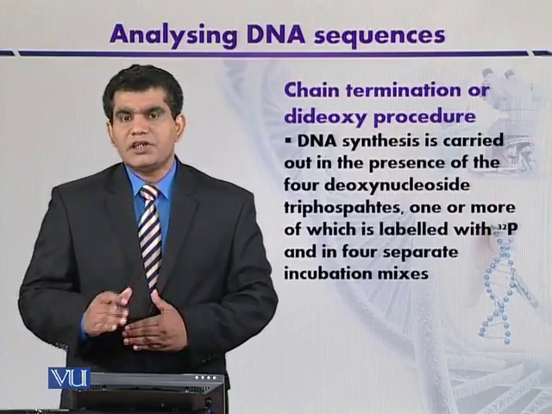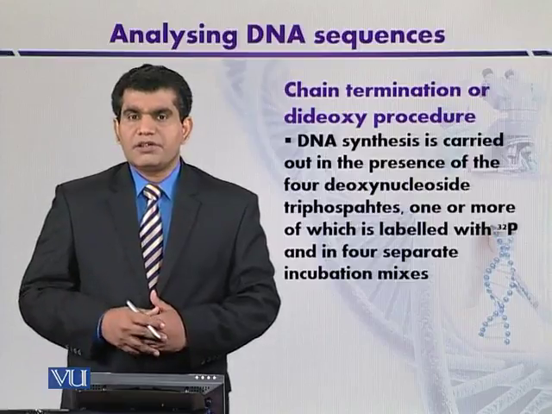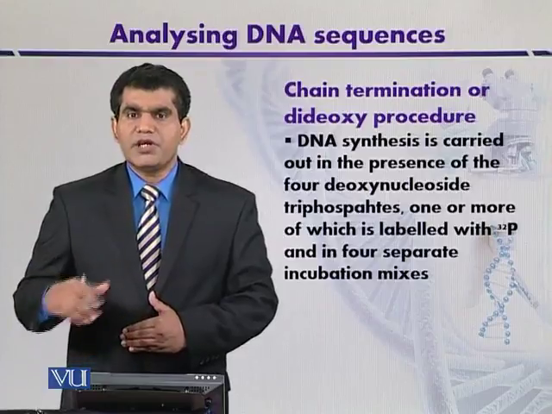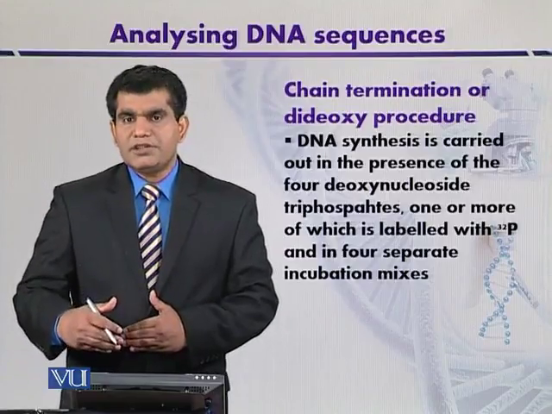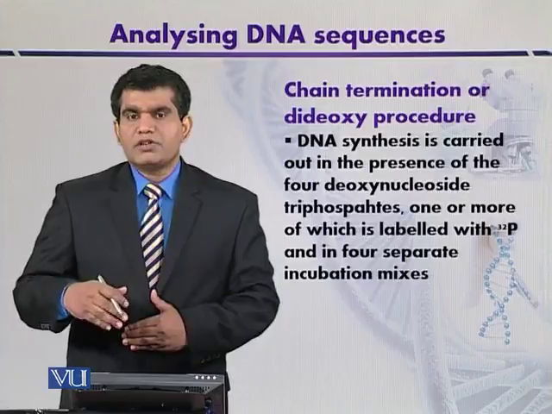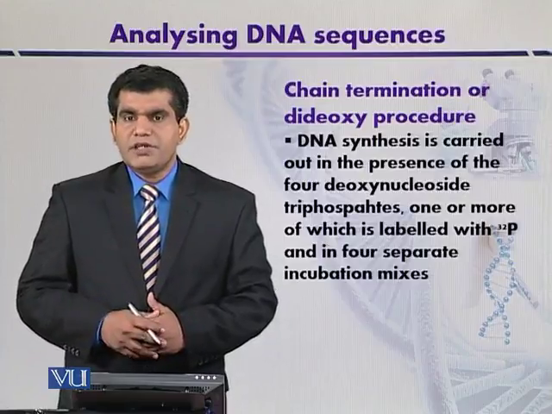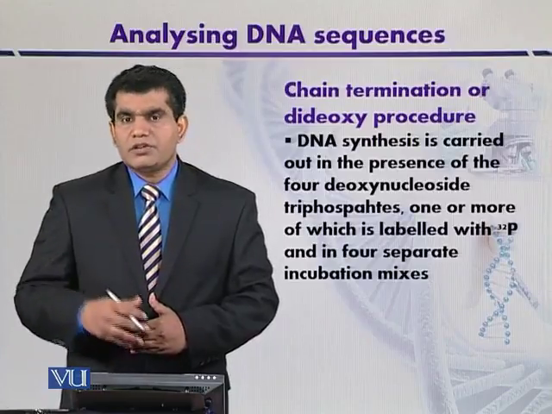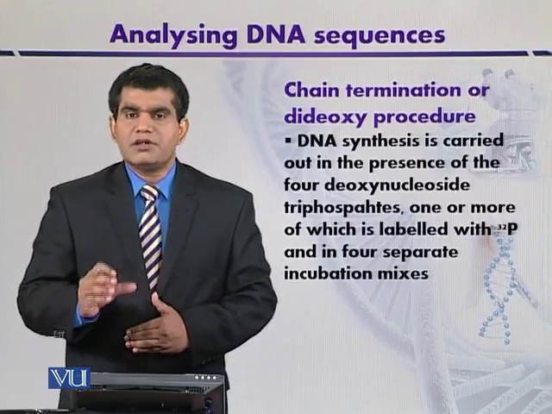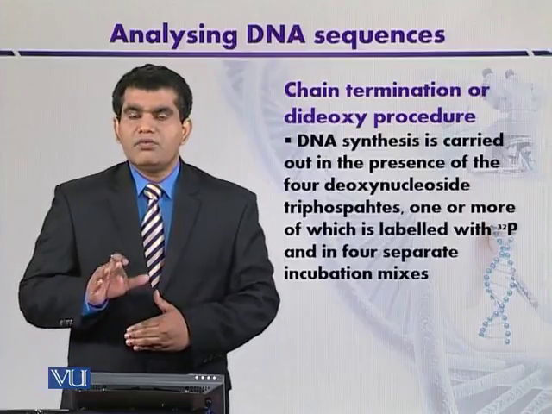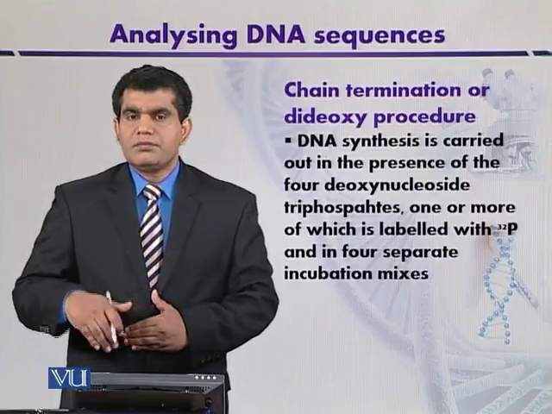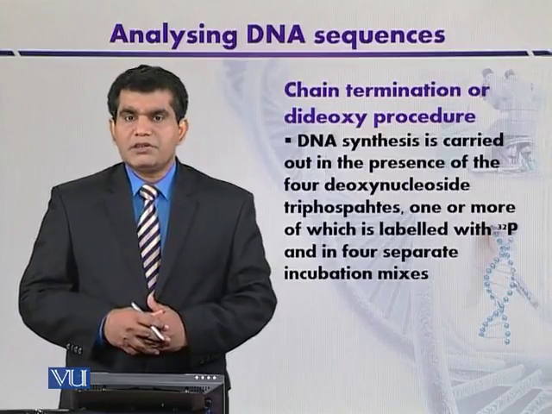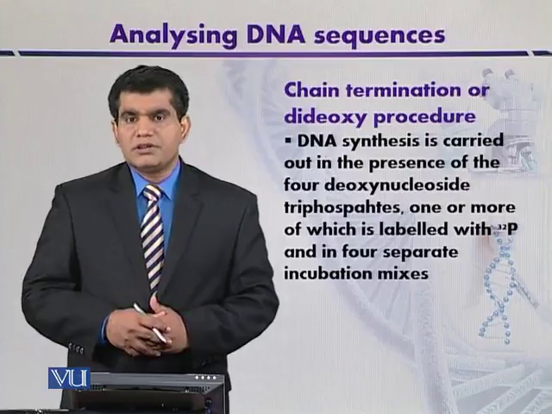The reason is chain termination because of the presence of some modified bases in the reaction mixture. So the reaction mixture contains normal bases, all 4 dNTPs, and some concentration of dideoxynucleoside triphosphate in a particular reaction mixture. All 4 reaction mixtures are processed in the presence of their respective dideoxynucleotide triphosphate.